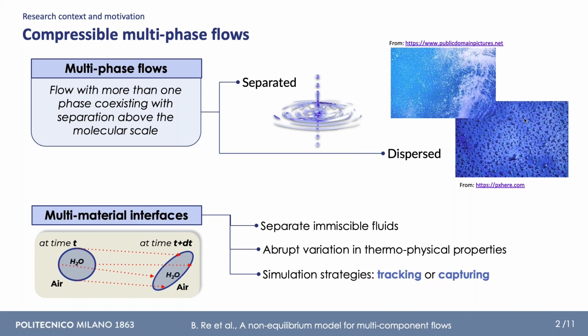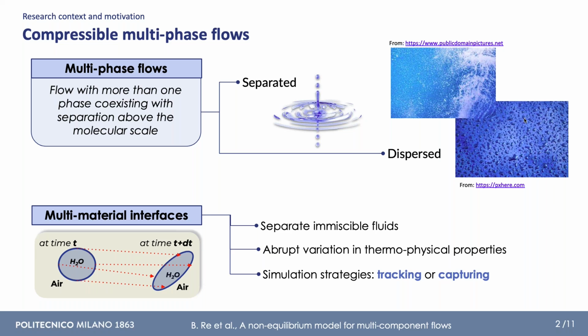The presence of the multi-material interfaces is one of the most important challenges from a numerical point of view, because across this interface, the thermodynamical and thermophysical properties of the fluids change in a sharp way. And moreover, these interfaces deform as time evolves, so they are not fixed in space. There exist two broad simulation strategies to deal with them.